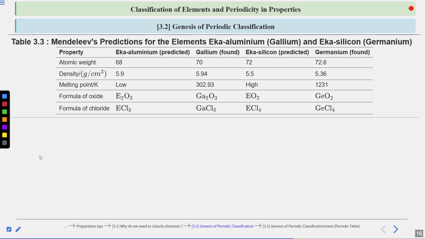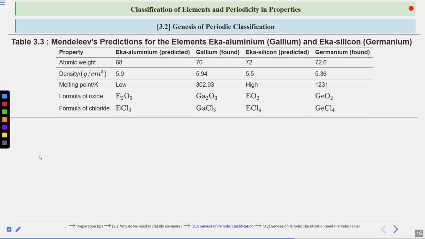Okay. Now let us see the density. You can see that the predicted Eka aluminium has a density of 5.9, and the known gallium has a density of 5.94. So this is one thing. Then you can look at the oxide and chloride formulas also. This was the empirical formula that I was talking about.